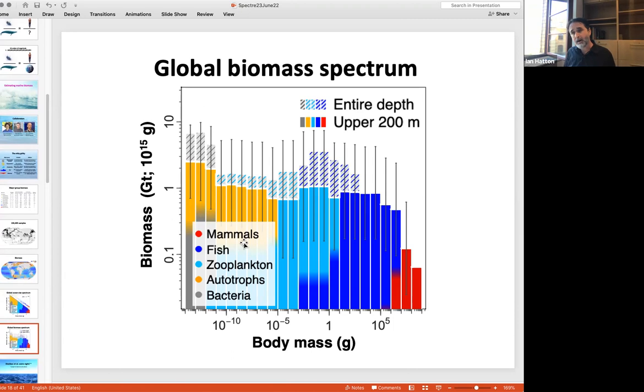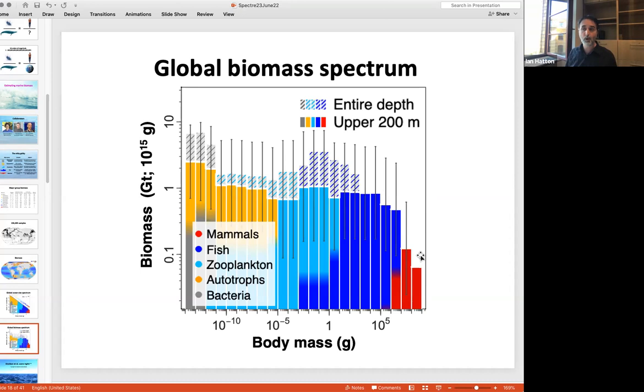And then if there are any exceptions to this, sort of 1 gigaton per 1 order of magnitude size class, which is what this line would show, those exceptions would be bacteria themselves down here being slightly above, maybe twofold greater than everything else, or large mammals.